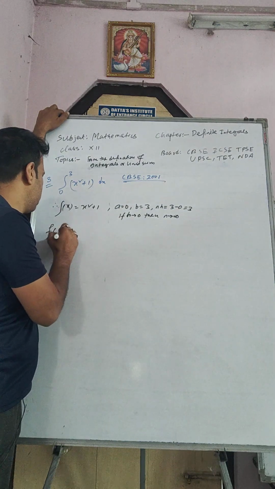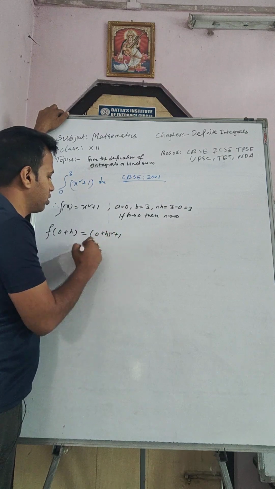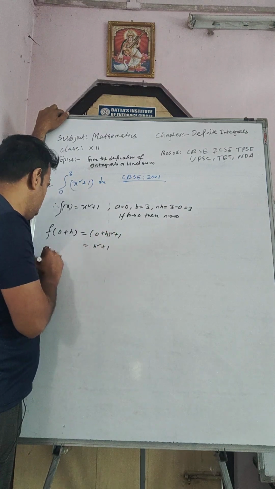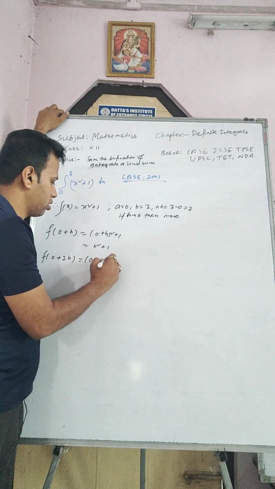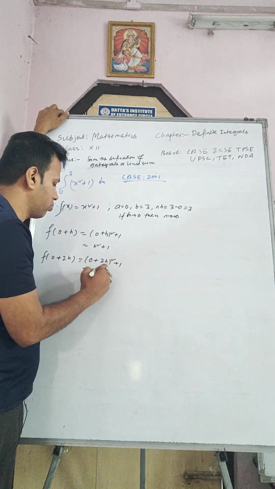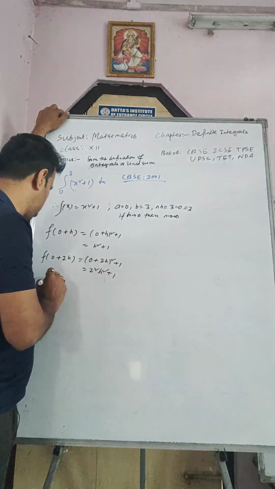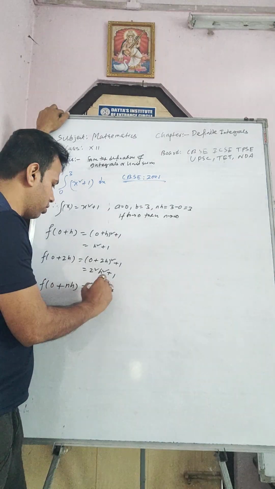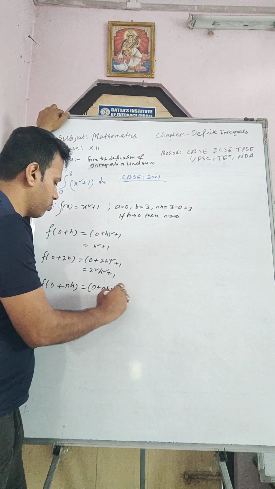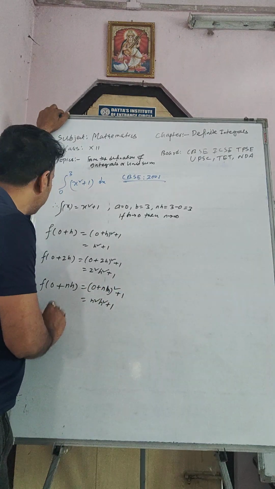So therefore 0 plus h will be 0 plus h square plus 1, it will be h square plus 1. 0 plus 2h, 0 plus 2h square plus 1, that is 2 square h square plus 1, again 0 plus nh, that will be 0 plus nh whole square plus 1, n square h square plus 1.